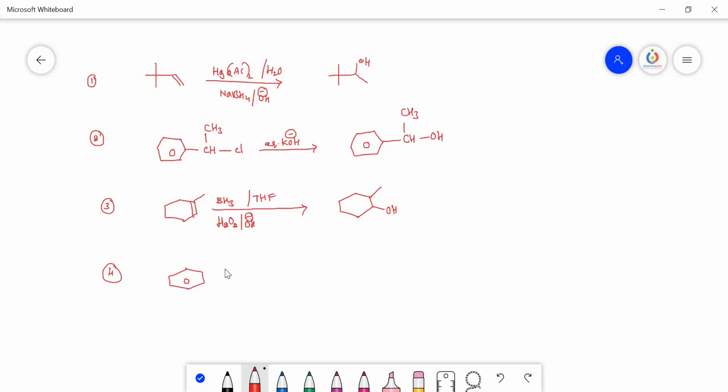And next one is lithium aluminum hydride. So here lithium aluminum hydride will reduce both of these functional groups to alcohols.